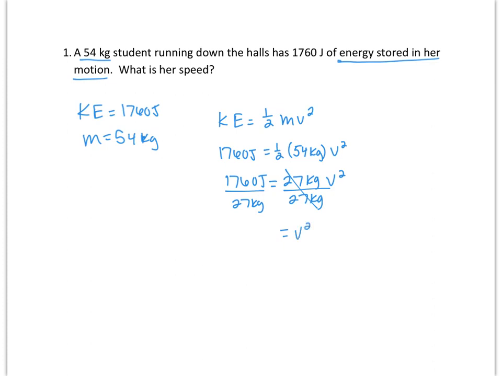We get 65.19, and this would be meters squared per second squared. That's speed squared. Take the square root of both sides. 8.07 meters per second. That's really fast to be running down the hall with. But that would be the answer.